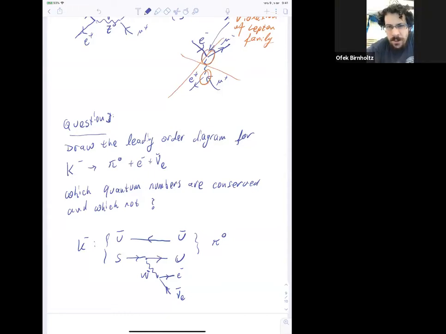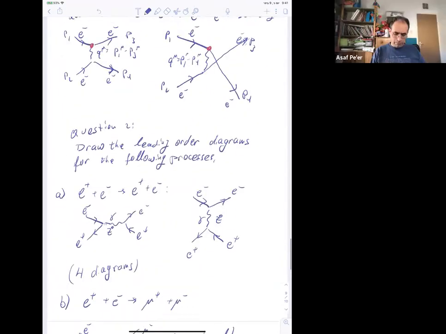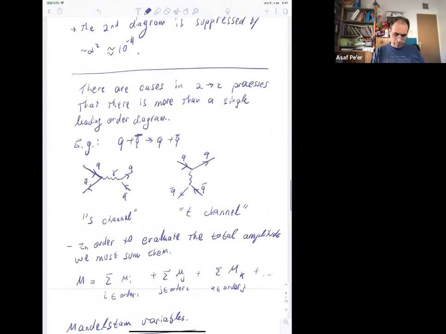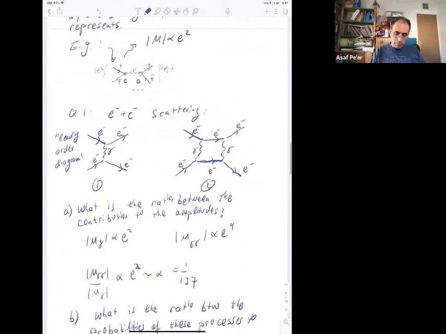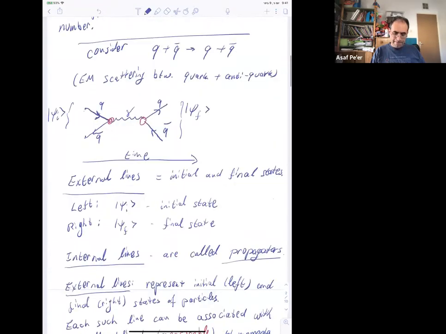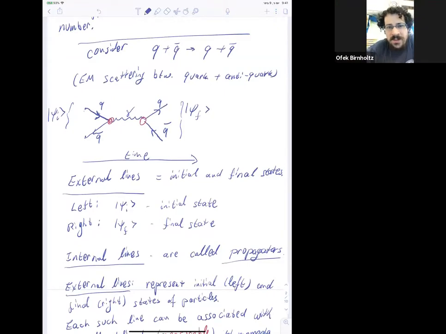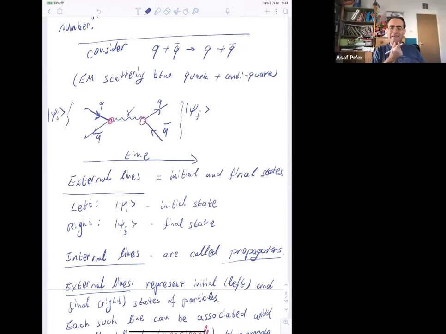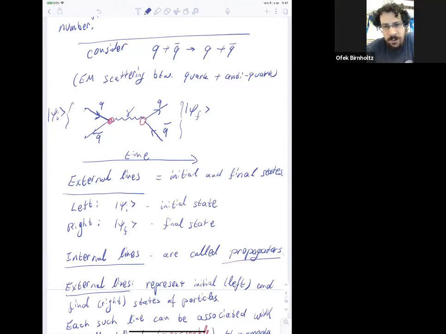Can you go back to the q q-bar scattering? Yeah. Could you have a diagram like that with a Z boson? Yeah, I could. So then electron positron is the same as a q anti-q.